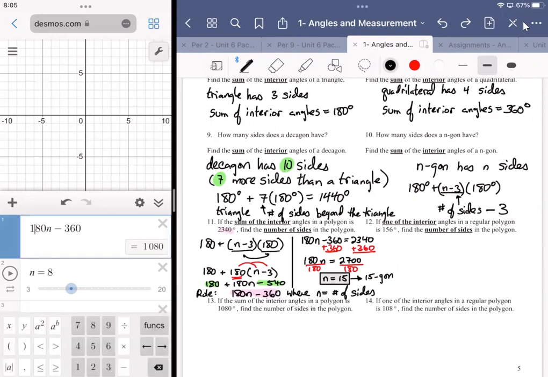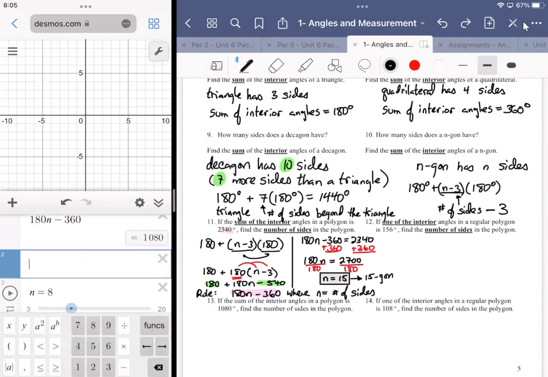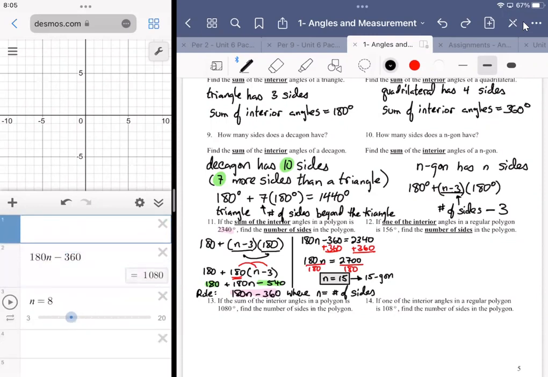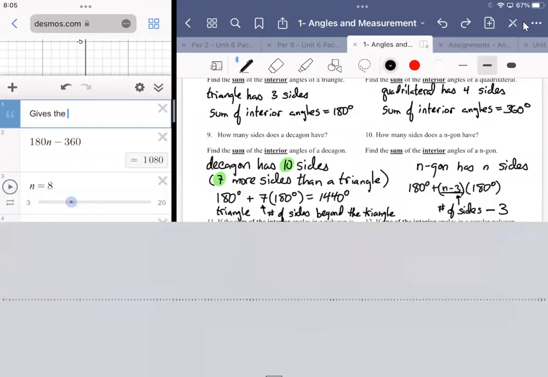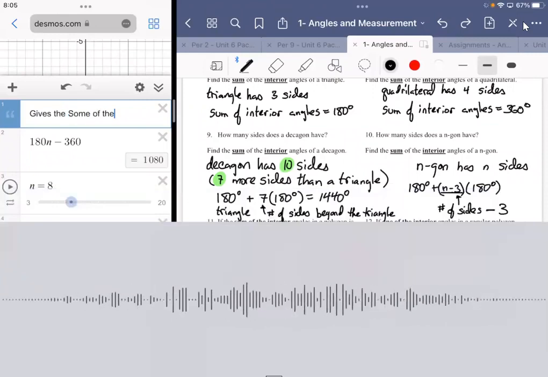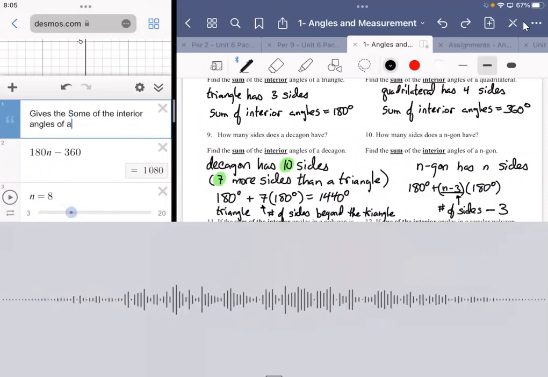What I usually do, and I'll be doing this more and more as the semester goes on, is give it a little title, a little notation of what this gives. So it gives the sum of the interior angles of a polygon.